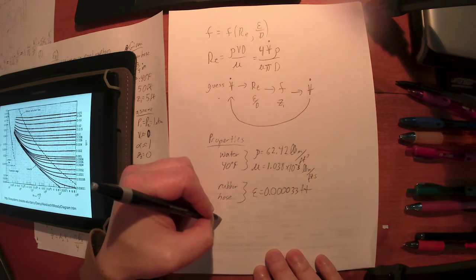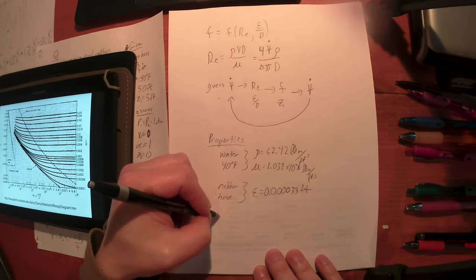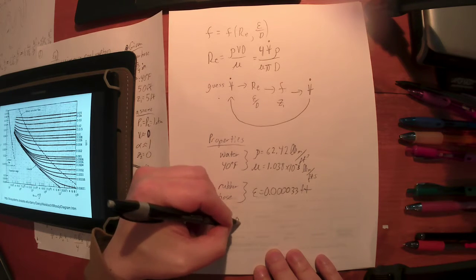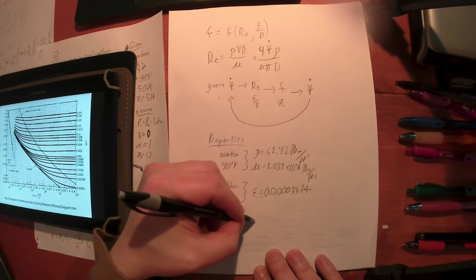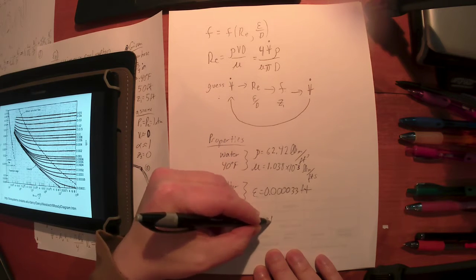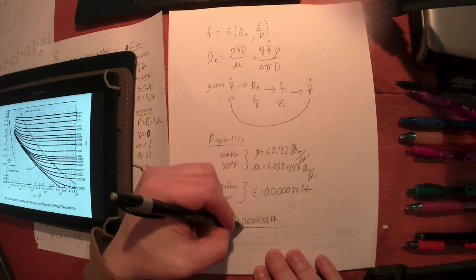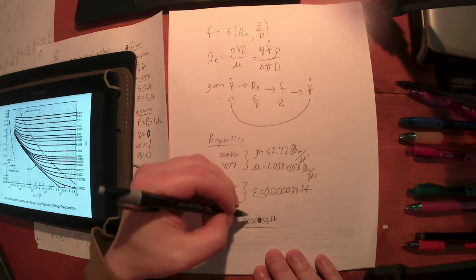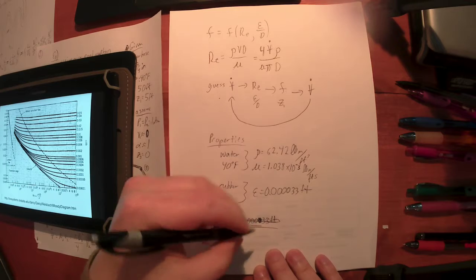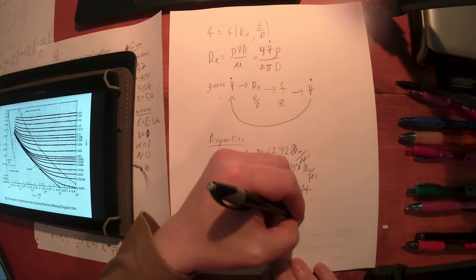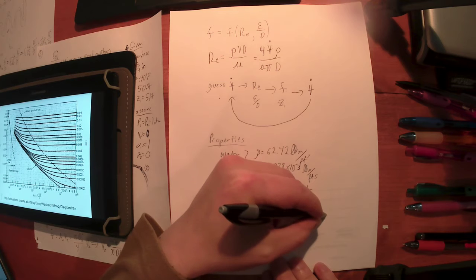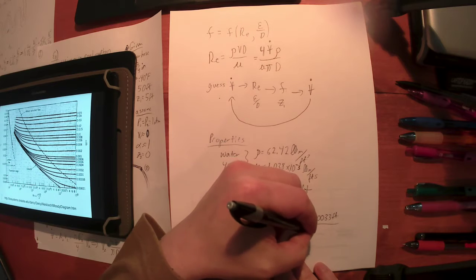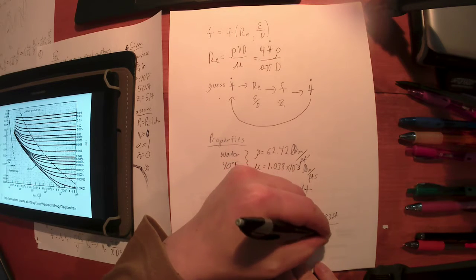Okay, so let's do that, shall we? Let's find epsilon over d. Let's start there, right? So this is 0.000033 feet divided by 3/4 of an inch divided by 12 feet.